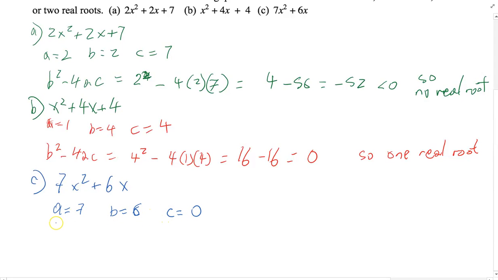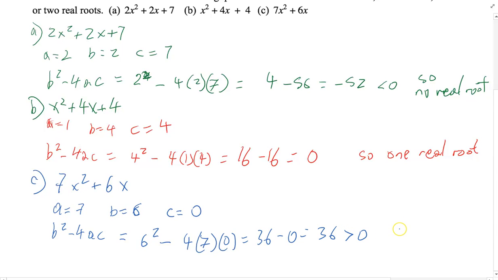Now our b squared minus 4ac will be 6 squared minus 4 times 7 times 0. So that would be 36 minus 0 equals 36, and 36 is greater than 0.